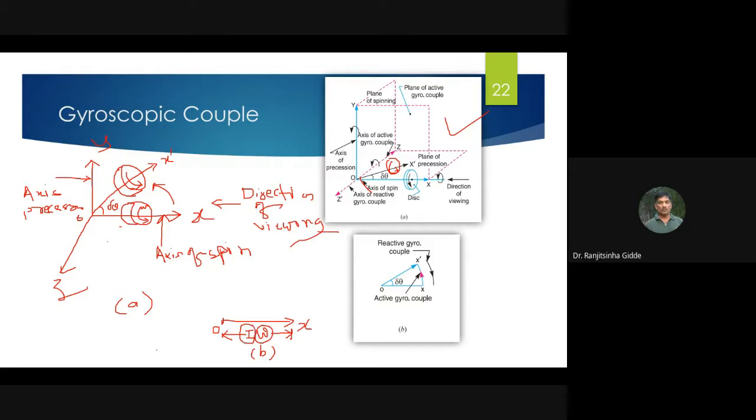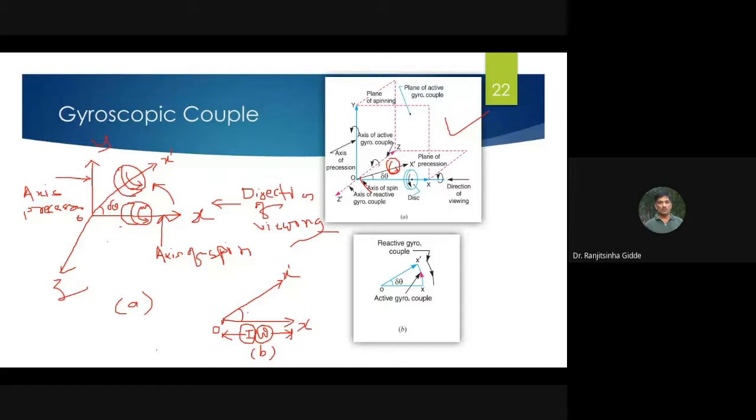And if omega is constant, after delta t time we will have this new vector, denoted by OX prime.